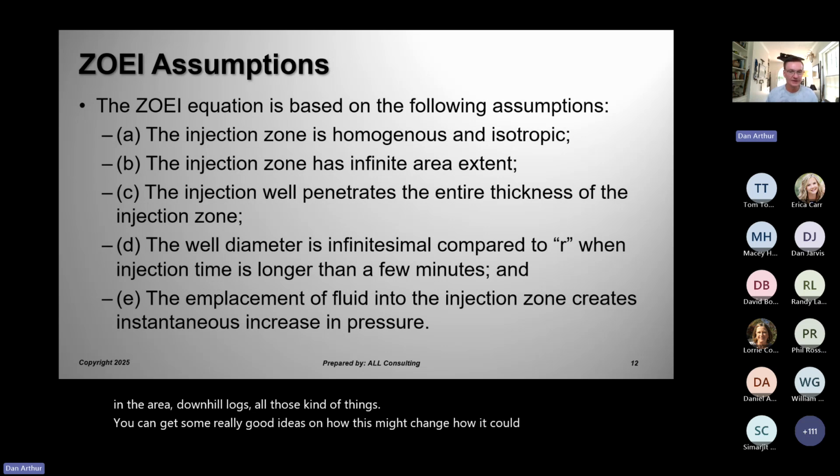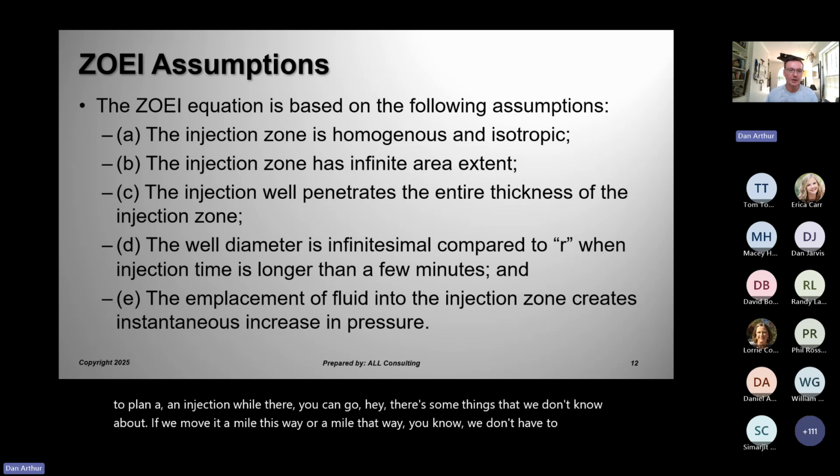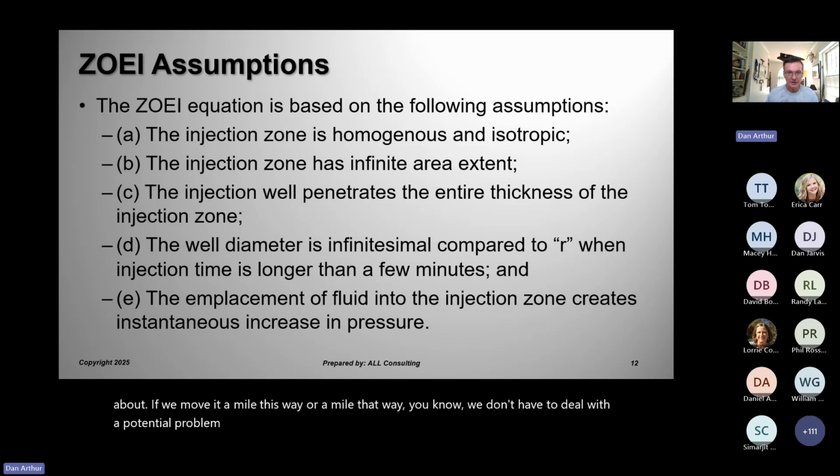These can be critical in your analysis, and if you're going to plan an injection well there, you can say, hey, there are some things that we don't know about. If we move it a mile this way or a mile that way, we don't have to deal with a potential problem. So there are things in that feasibility and planning that are critical, that these kinds of analyses can really help you with.